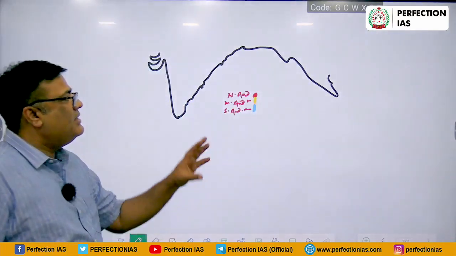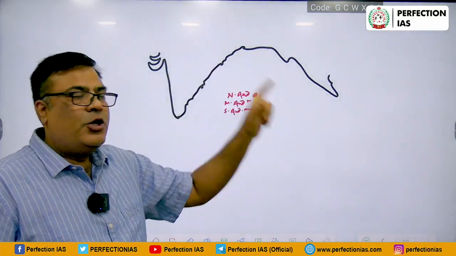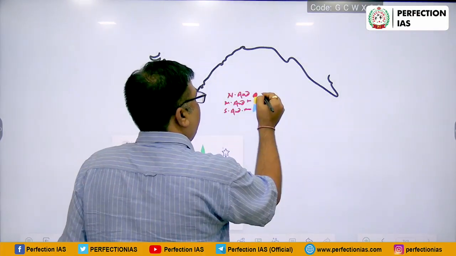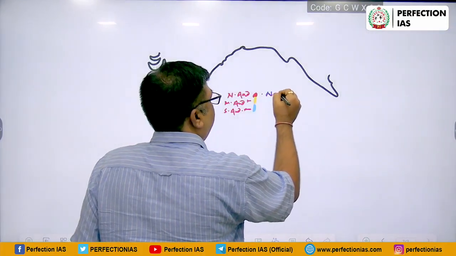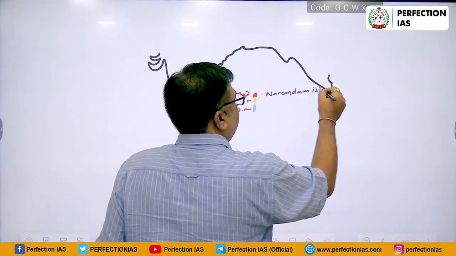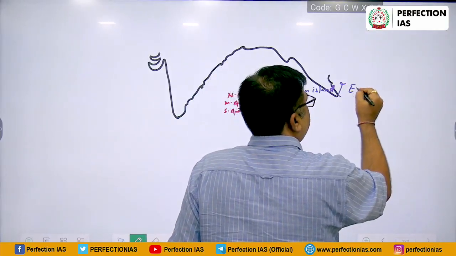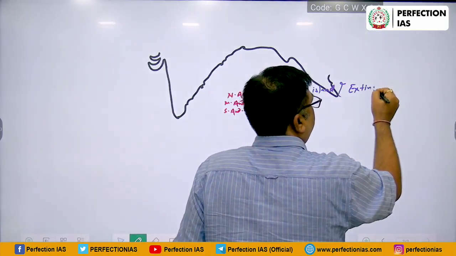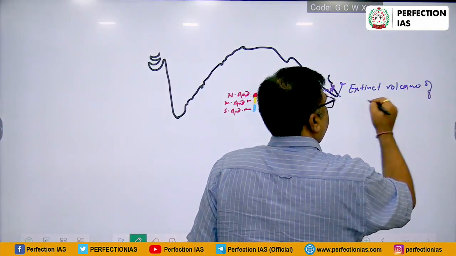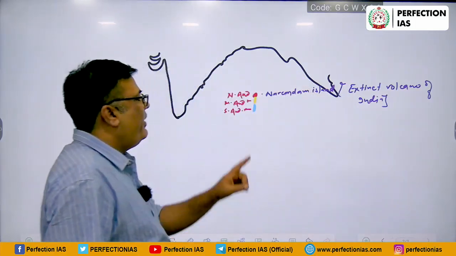Now try to answer two or three things, like what is the feature of Northern Andaman? So there we can say that Northern Andaman has the feature that it has Narcondam Island, and that is the extinct volcano of India.